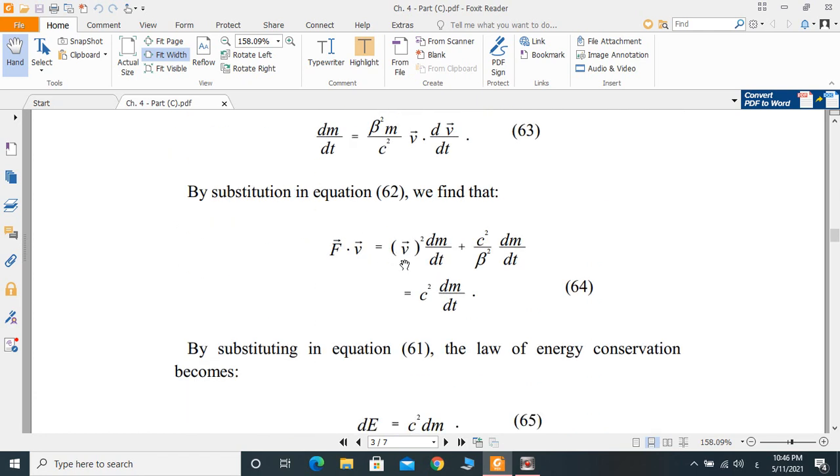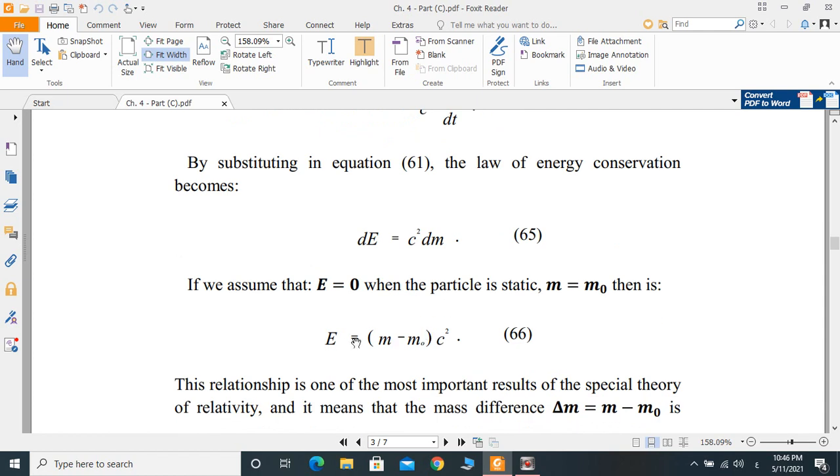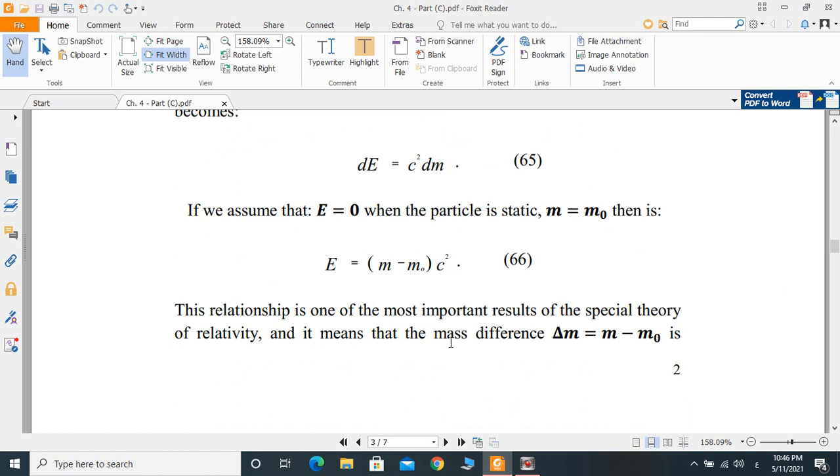So dE by dt equals c square dm by dt, then dE equals c square dm, and integrating this relation we get E equals m minus m naught, times c square. E, the kinetic energy, equals m minus m naught multiplied by c square.